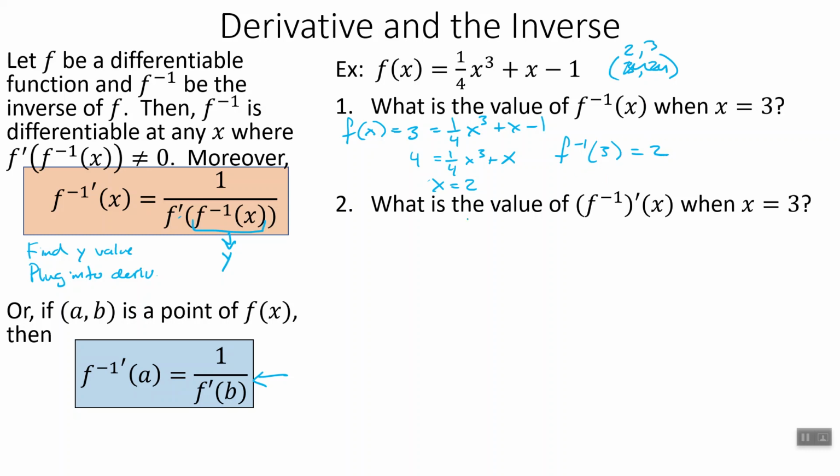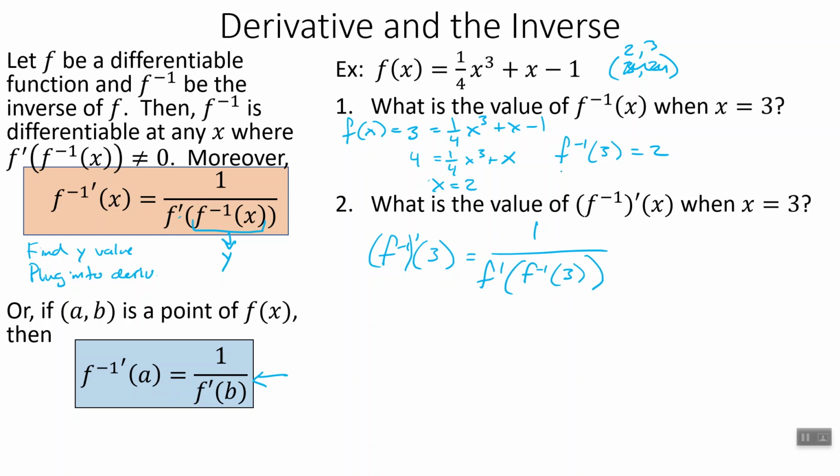Okay. What's the value of f inverse prime of x when x equals 3? F inverse prime, the derivative of the inverse, at 3, I'm just going to follow this here, is equal to 1 over f prime of the inverse value of 3.